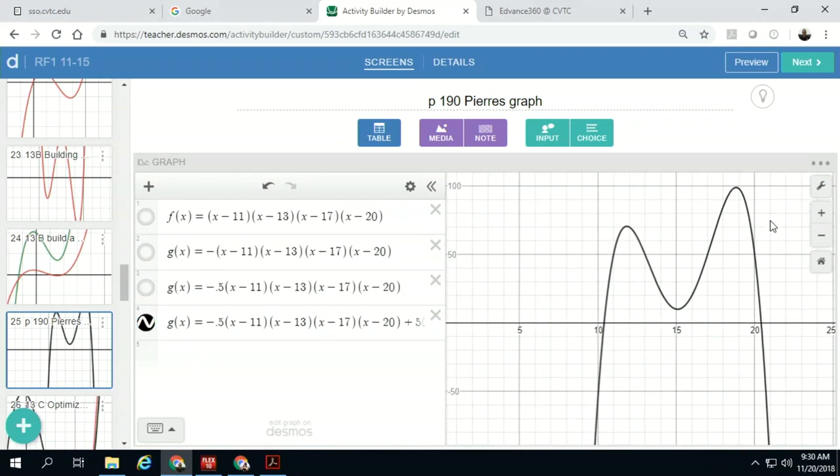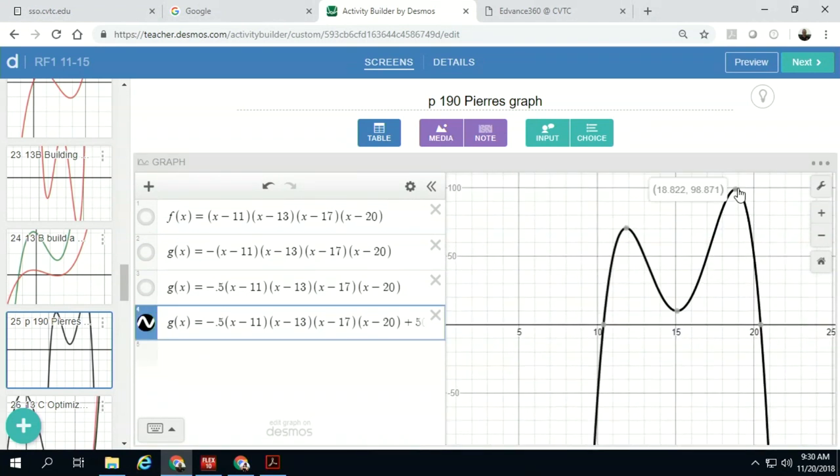And then almost 100 and about 19. Ooh. I didn't even notice that you weren't here. Oh, woe is me. Everybody good? Does it match your graph on that page?